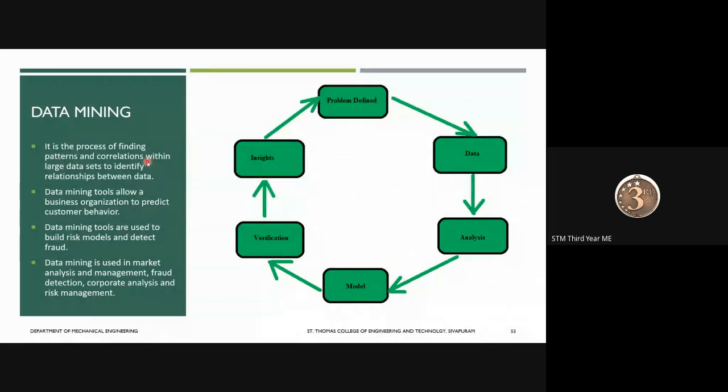We are taking two operations: the first one was cleaning and the other one was removal of impurities, and we are looking for a pattern. So what can you do with that removal of impurities? You can utilize it for another operation. If it is copper, you can use it for the production of brass. That is one of the steps under data mining.